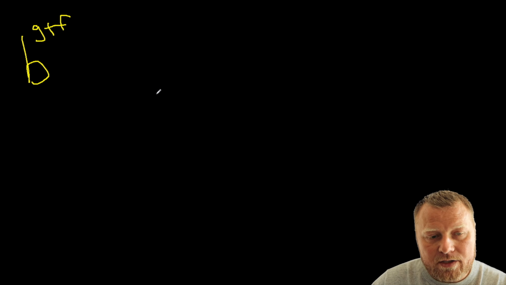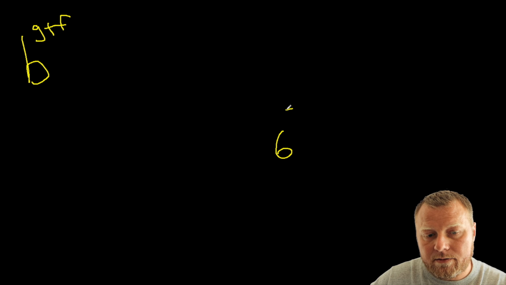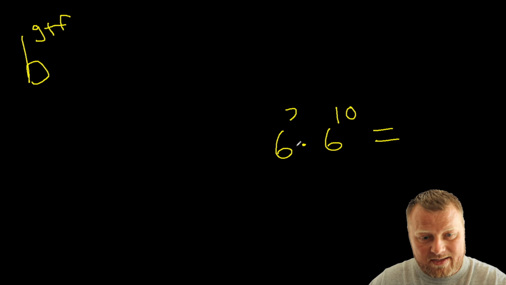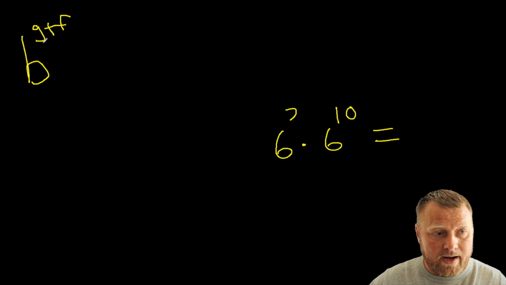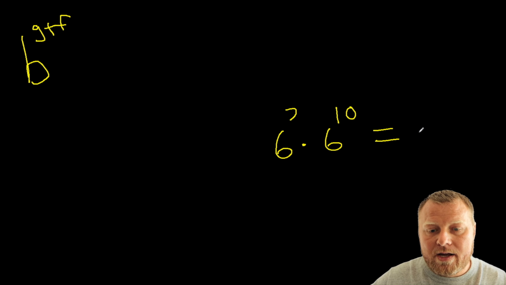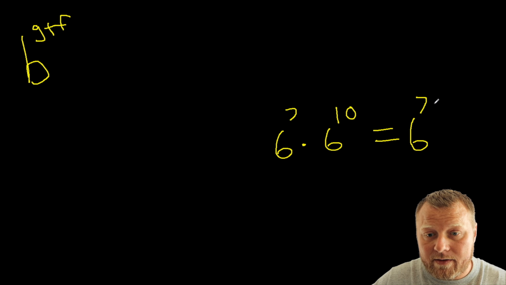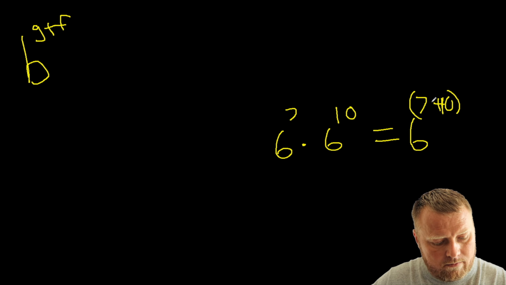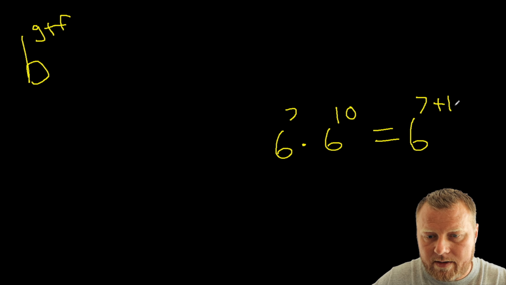That's what we're saying. So if I told you, hey, what's the answer of 6 raised to the 7th times 6 raised to the 10th power? I can immediately say, oh, the 6 is like the b, right? And g plus f is like the 7 and the 10. So that's equal to 6, which is like the b, raised to the 7 plus 10 power, in parentheses.